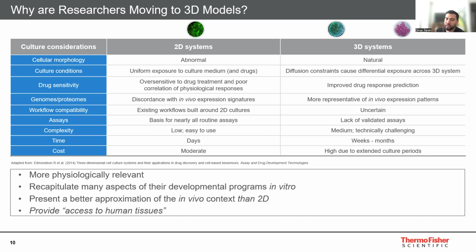That they can potentially recapitulate certain aspects of developmental biology in vitro as well. And that this could potentially be a better approximation of what really happens in vivo compared to 2D models.